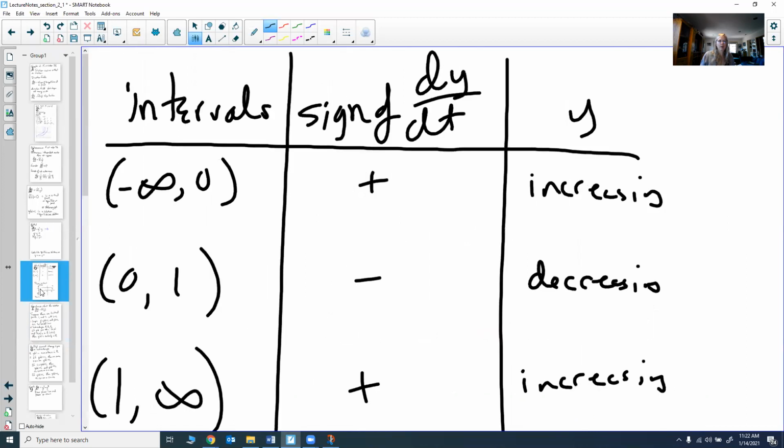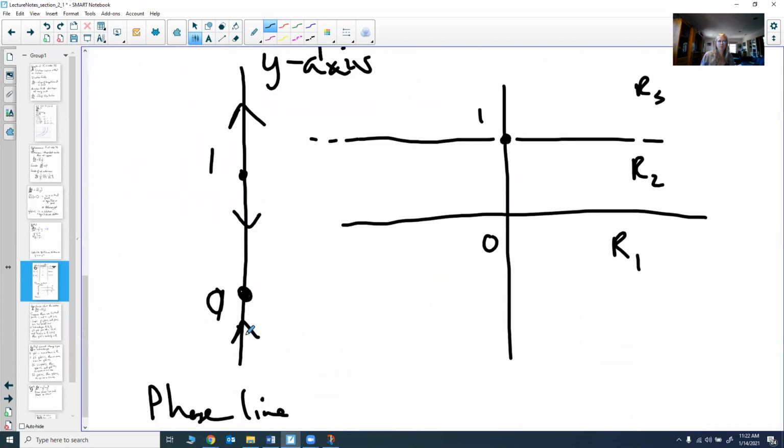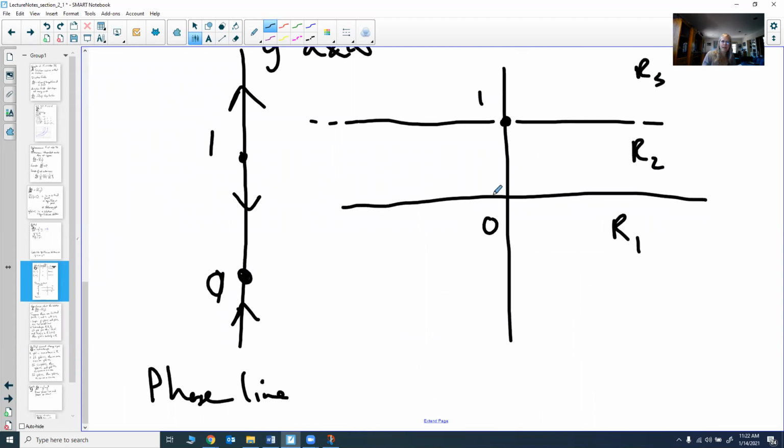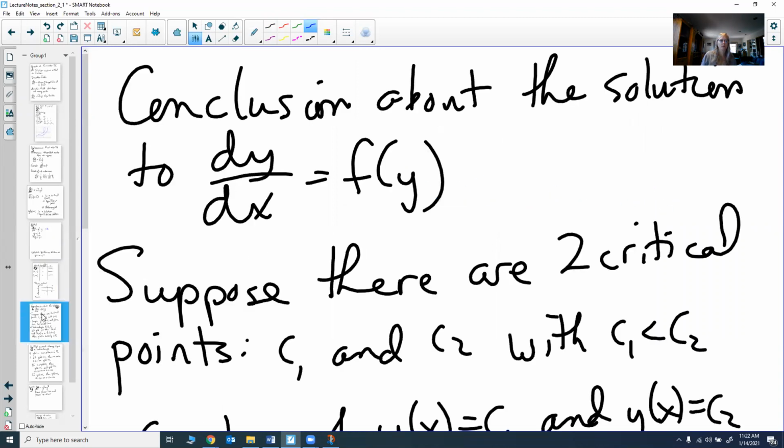Coming back to my phase portrait, if I take some point down here in R1, in this first rectangle, I notice first off that the function is increasing here. We're going to be coming up here, and we're not going to be leaving this axis. We know we're not going to cross this horizontal line of y equals 0.